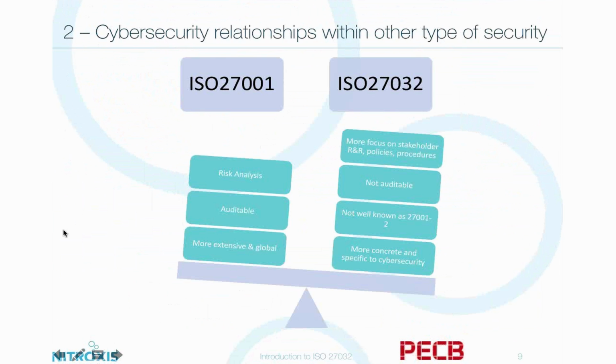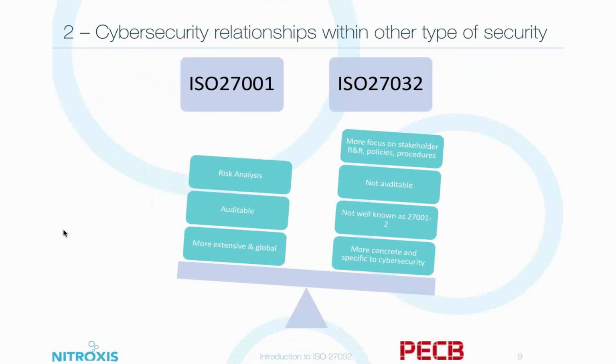Okay, if we look at both standards, what are the main differences between ISO 27001 and ISO 27032? Well, in ISO 27001, we have a risk analysis. I'm not saying we don't have it in ISO 27032, but we need to follow the rules defined by the risk analysis of the ISMS. While ISO 27001 is an auditable standard, ISO 27032 is not.